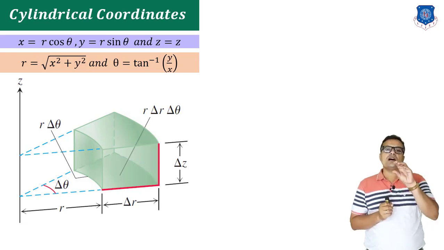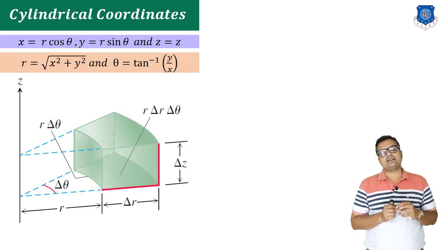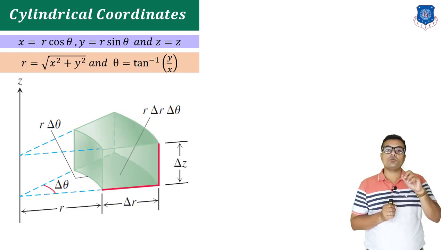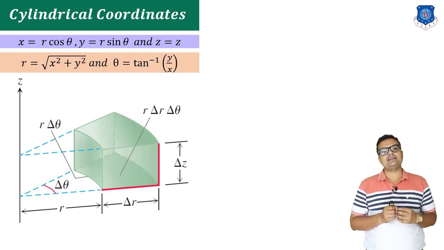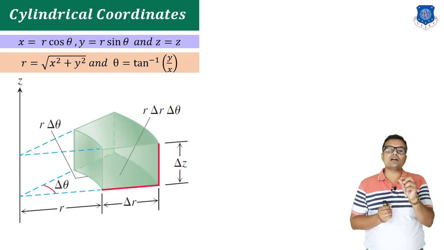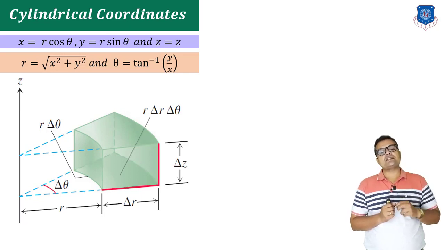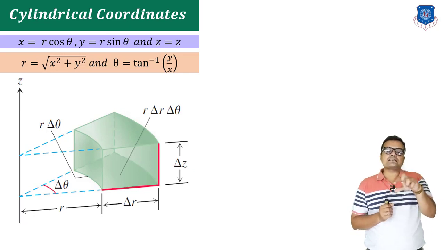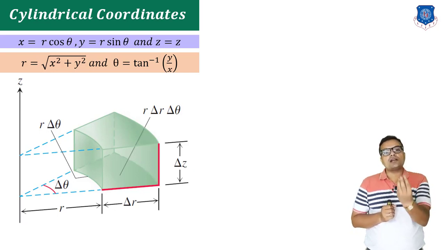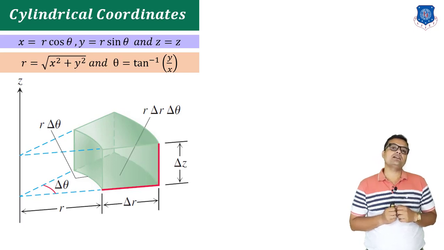It will give me a part on the cylinder, which is nothing but the wedge on the cylinder. You can see a small portion in the cylinder. As in the case of Cartesian coordinates, we are considering a cube around the point. Here in the case of the cylindrical coordinate system, there will be a cylindrical wedge or a cylindrical chunk over a particular point r, theta and z.